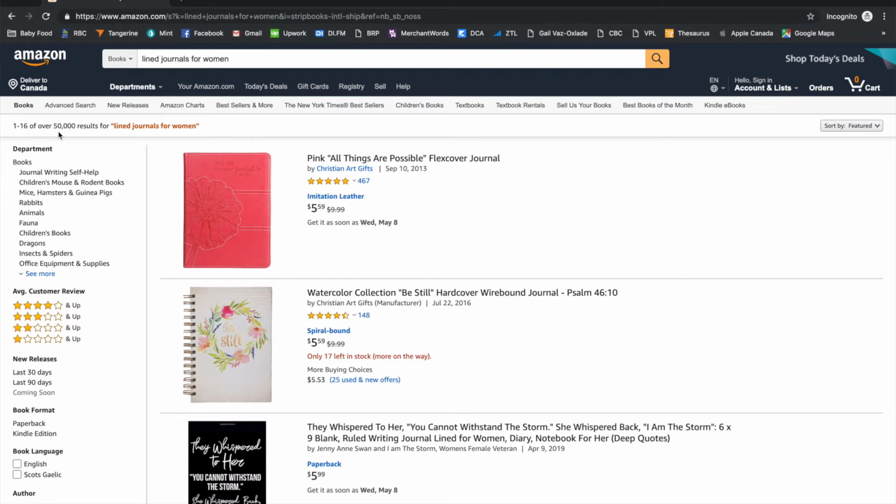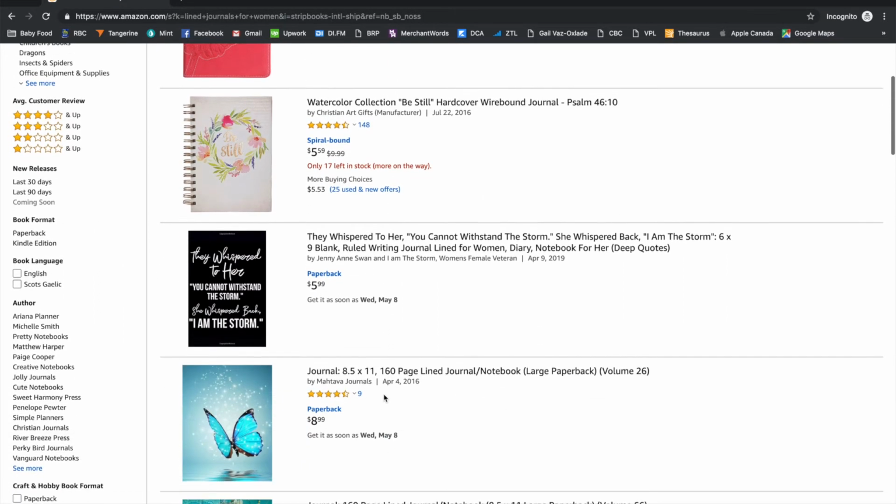So the third question we want to have answered is, are these books making sales? In order to find that out, we're going to look at the bestsellers rank for some of the books on the first page or two here. Again, we're only interested in the paperback books, so we're just going to skim past the spiral bound and the imitation leather.